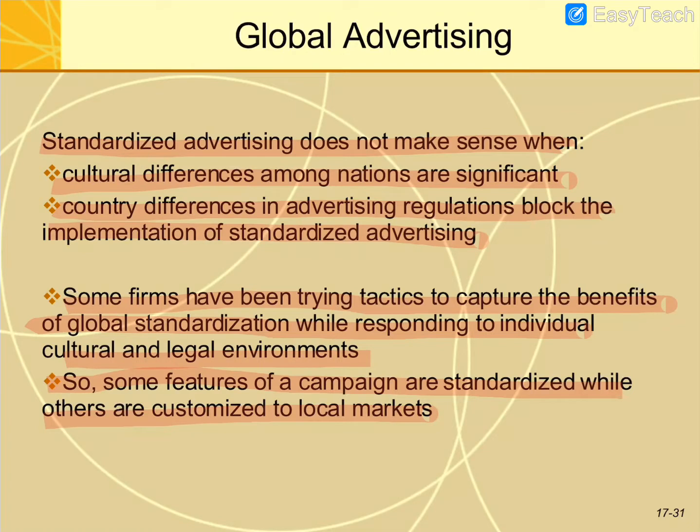So if the cultural differences among nations are significant, standardized advertising does not make sense. I remember when I was still young, cigarette advertising was everywhere on TV and so on. But once the government banned cigarette advertisements, it became very hard to see cigarette advertisements anymore. But not in Europe and not in other countries.